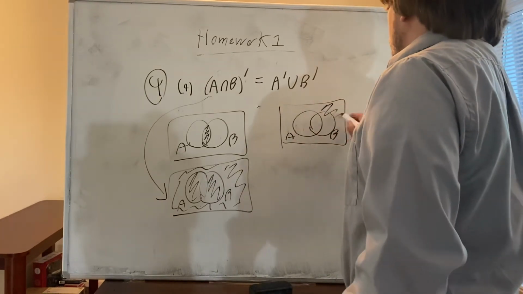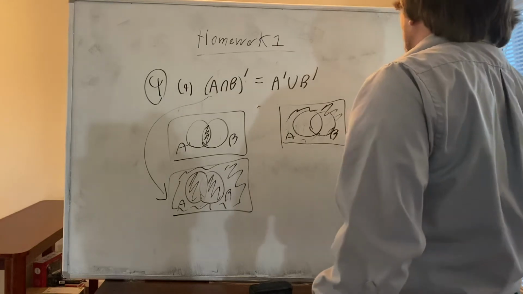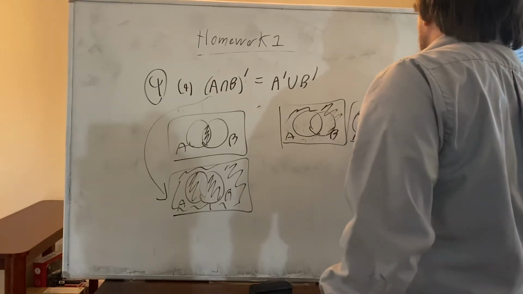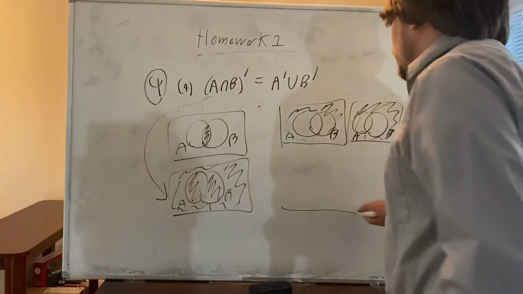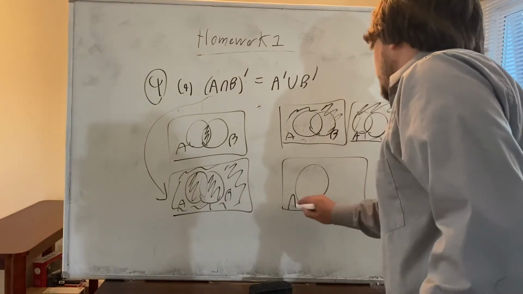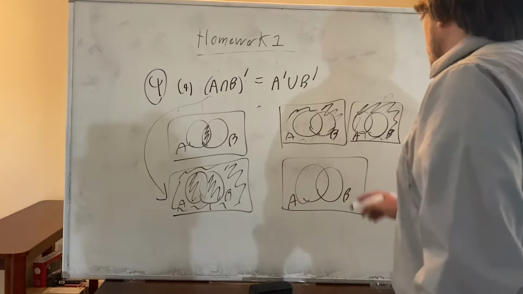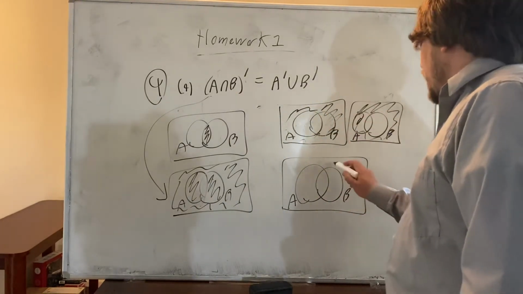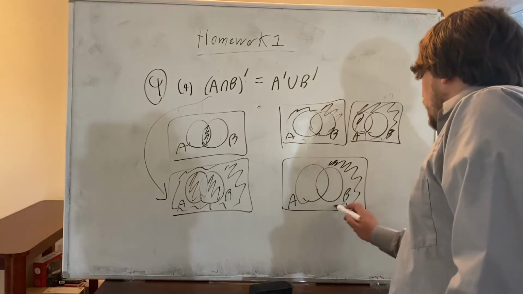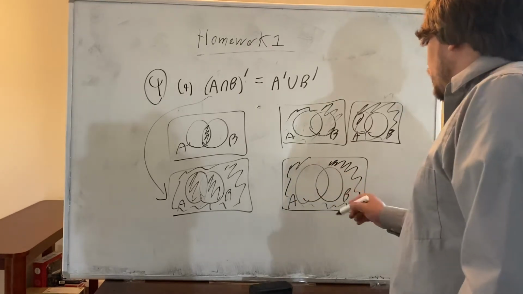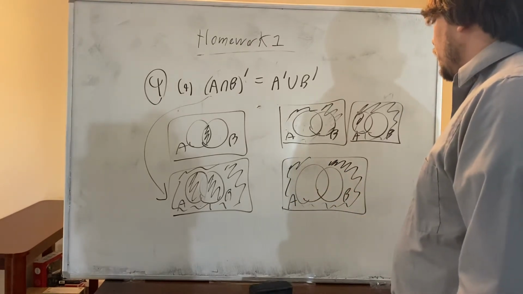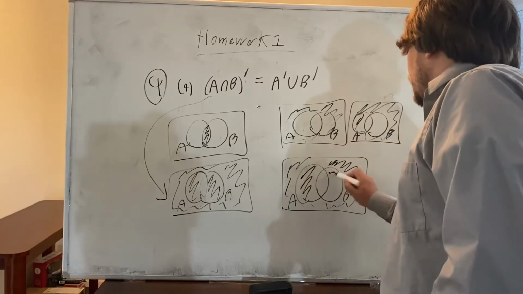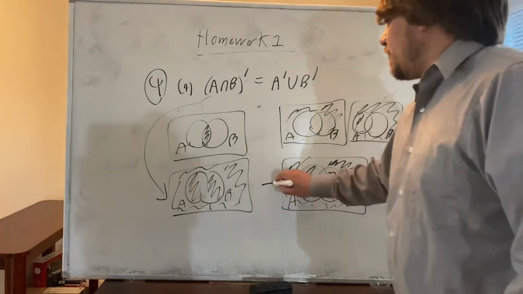And then if you were to do A prime union B prime, this is A, this is B. A prime would be everything outside of circle A. Everything outside of circle B would be B prime. And if you take the union of what's outside of A and what's outside of B, you get everything on the outside, one or the other, and it's the same.